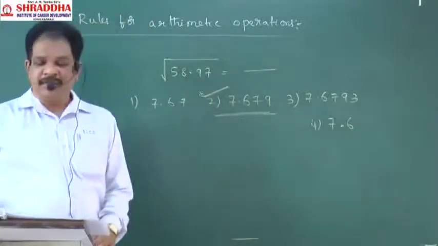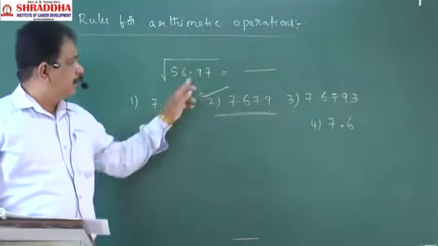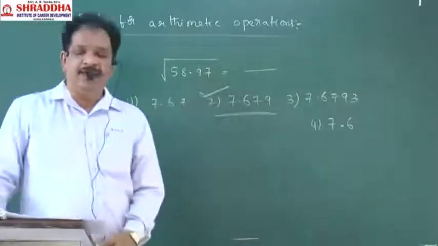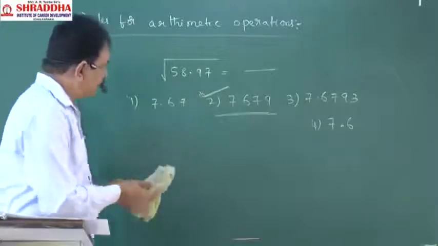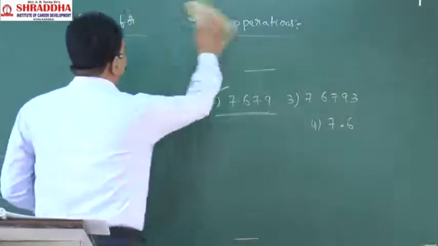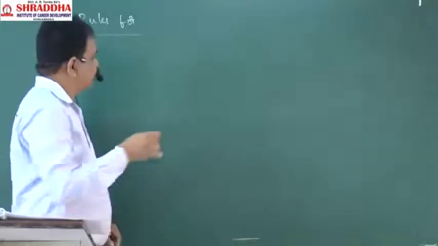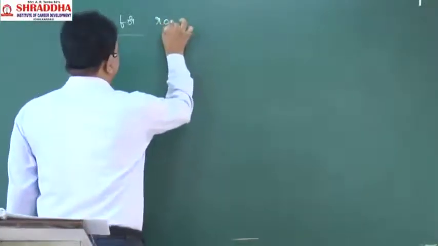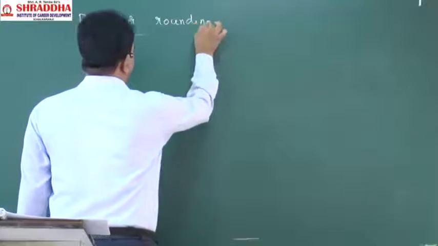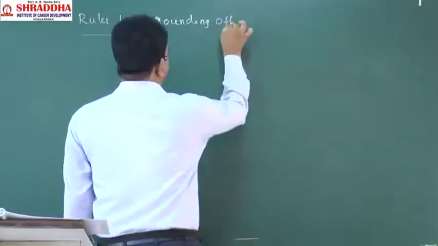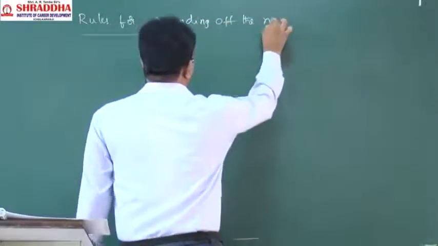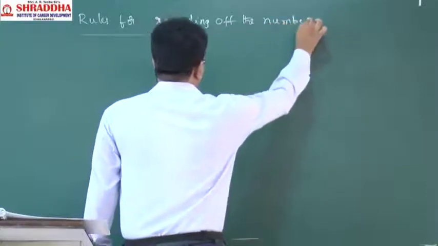That is about this. And the last topic will be rounding of the numbers. What are the rules? Already you know about it. Rules for rounding of the numbers.